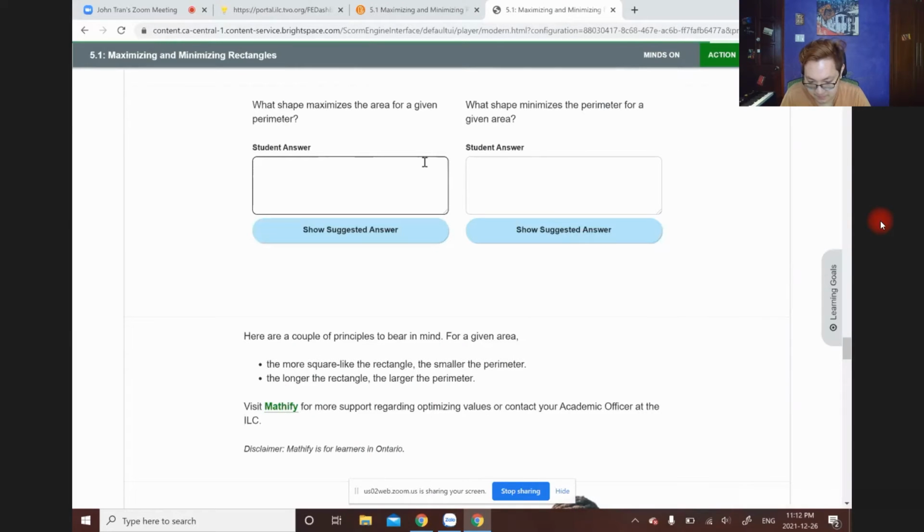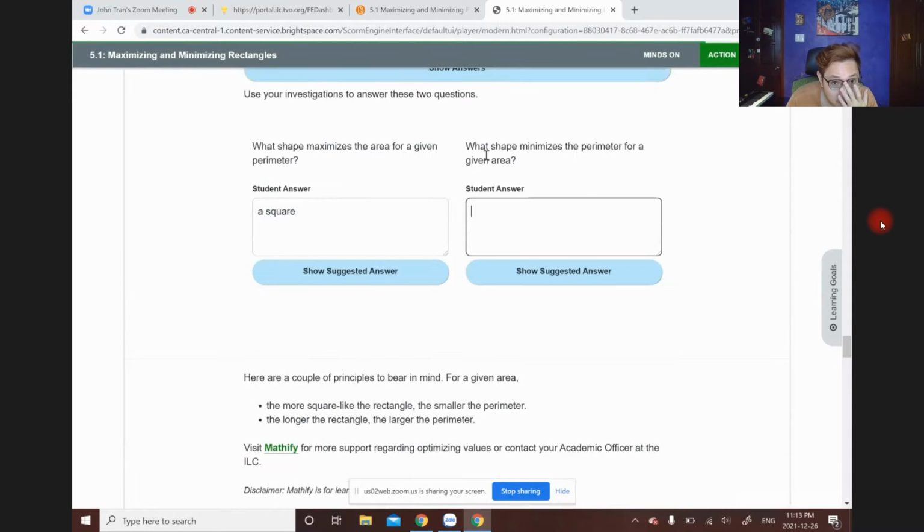What shape? For a given perimeter, square. What shape minimizes the perimeter for a given area? Square.